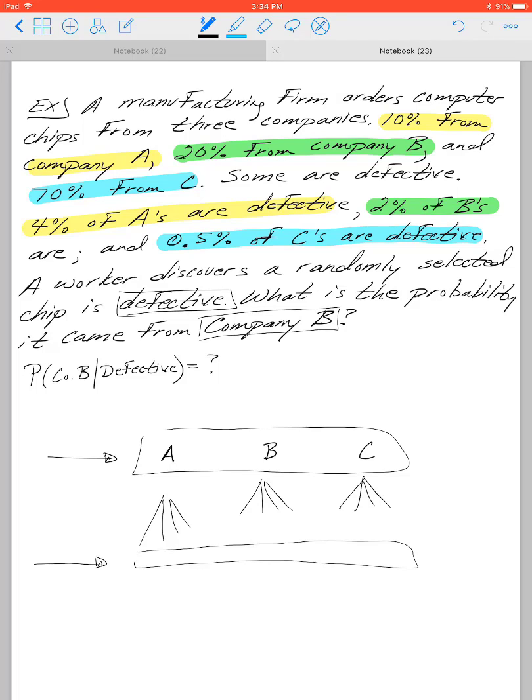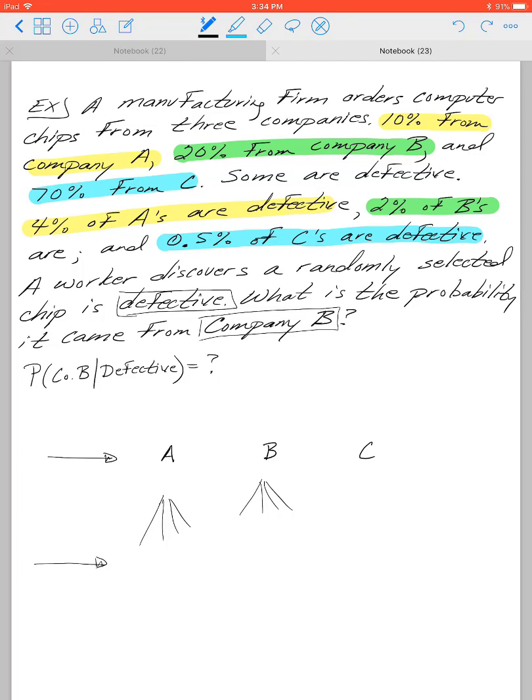So I've written the first thing that could happen. First of all, where do these chips come from? Company A, B, and company C. And what happens from company A? We have 2 things that could happen, right? The chips could be good, or they could be defective.